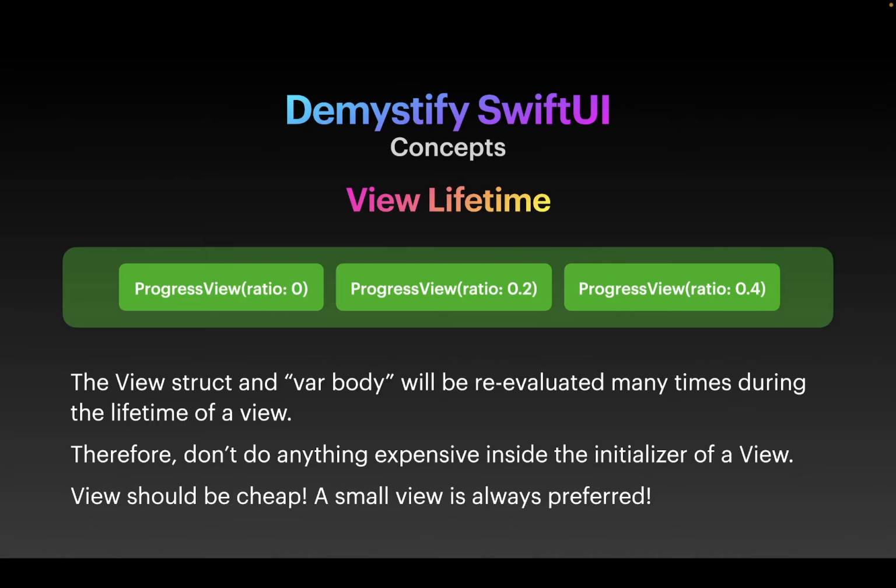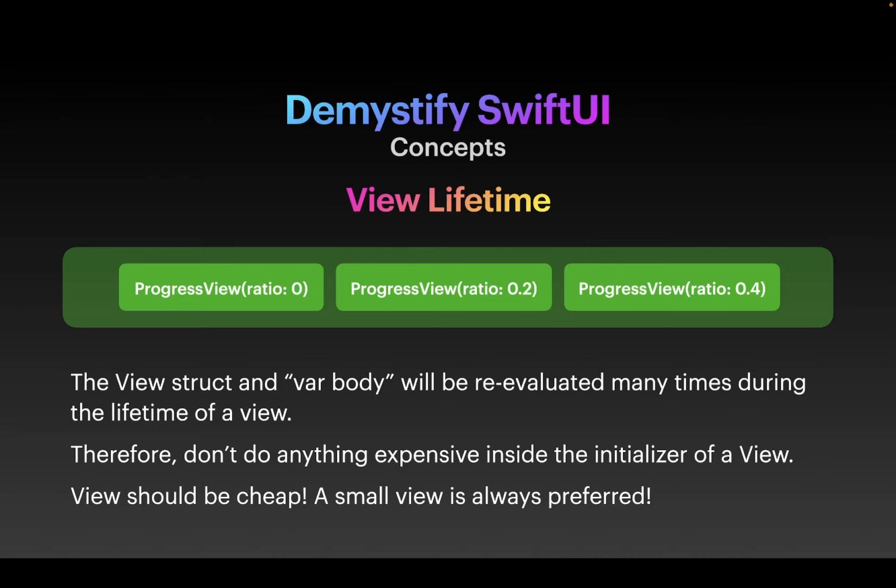So the takeaway is you shouldn't do anything expensive inside the initializer of a view, because it's going to be reevaluated again and again. If you do something expensive, it can be a problem.